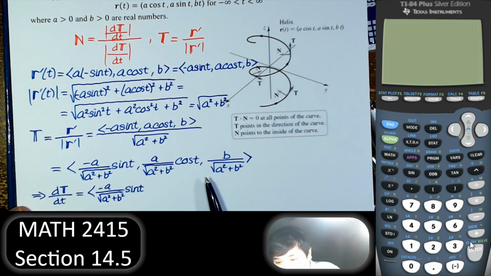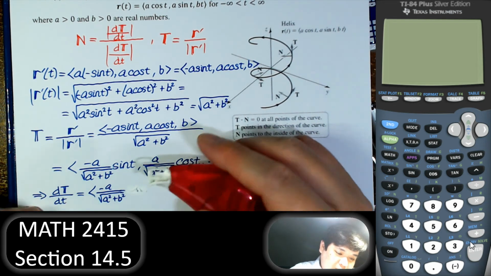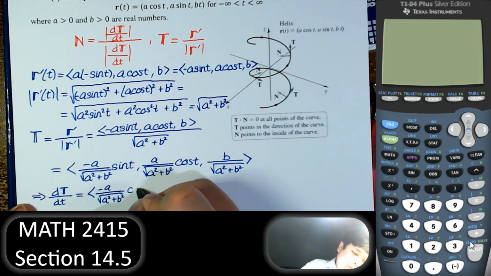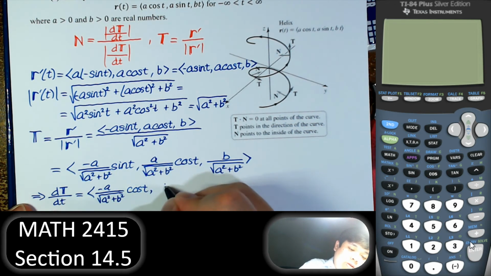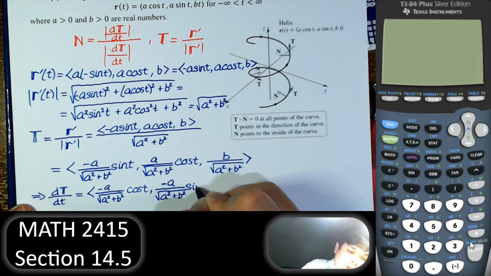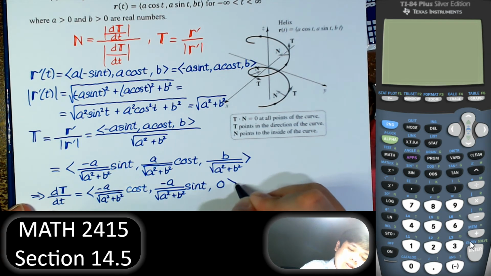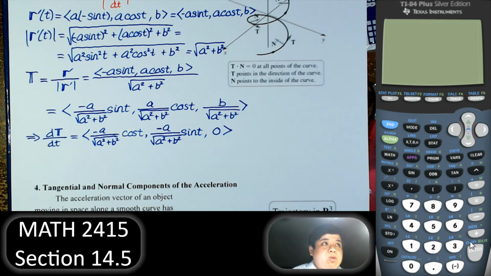We should take the derivative, right? And the derivative of cosine is negative sine, so we end up with negative sine t. The derivative of that constant is 0. Right. Finally, we just need to find the magnitude and divide.